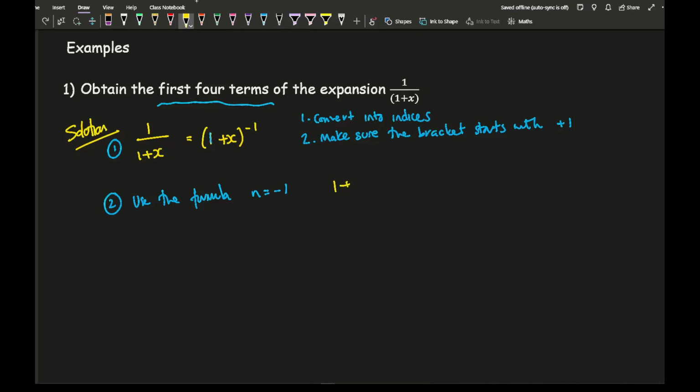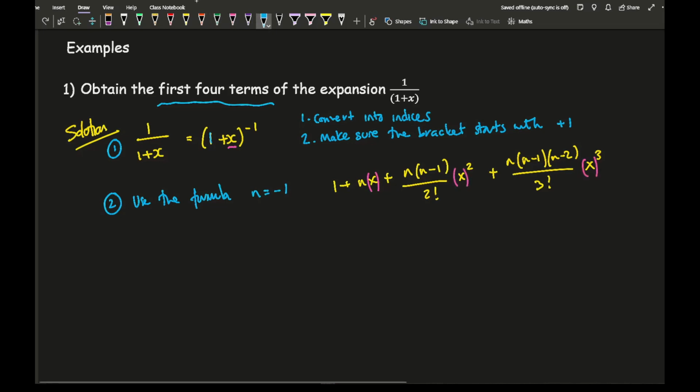So I've got 1 plus nx plus n(n minus 1) over 2 factorial of x squared plus n(n minus 1)(n minus 2) over 3 factorial, and it's x cubed. Now from this, as you can see, we've only got a single x, so I don't need to worry about this element here. That's just going to be x, and so all I need to then do is substitute the numbers in.